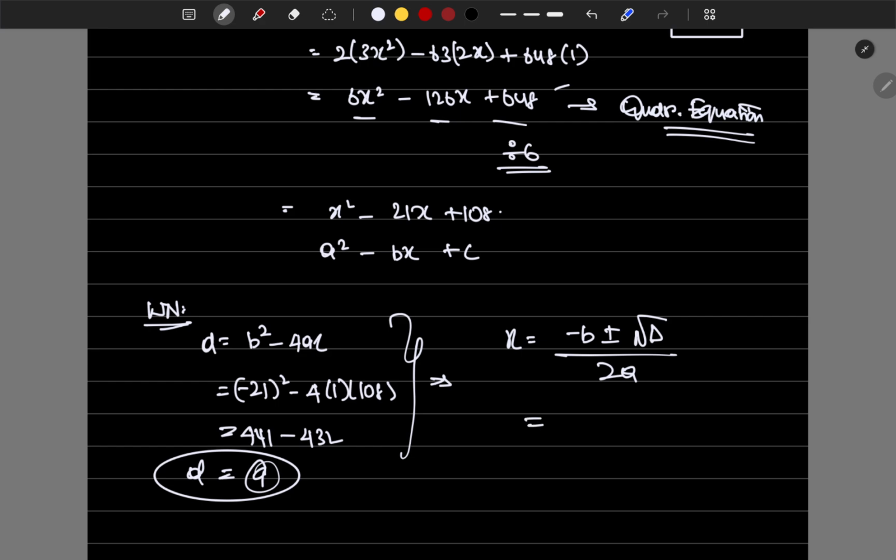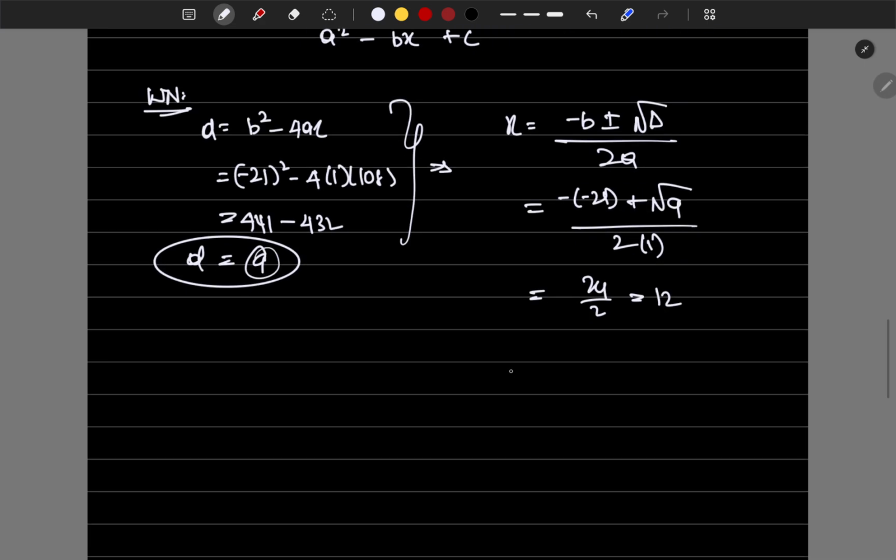What is b? b is 21. We'll use plus first. Root of d, root of 9 is 3. 21 plus 3 is equal to 24, divided by 2, which is 12.